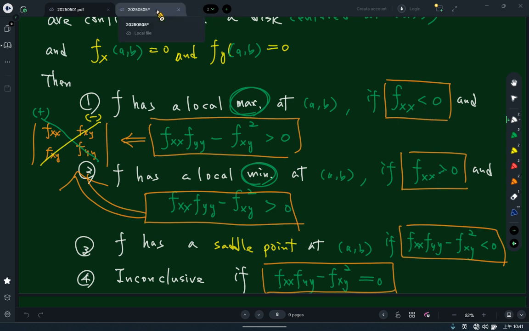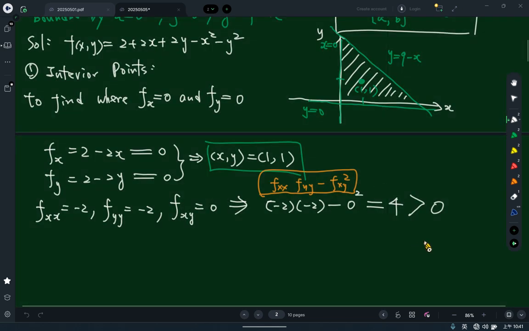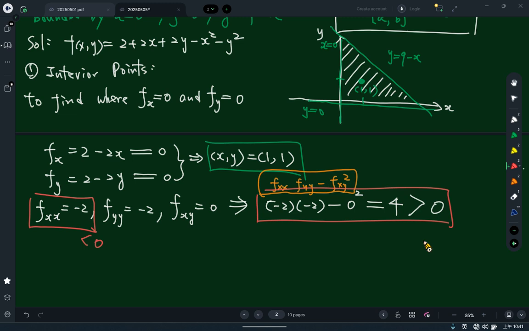So then we can see that this one is negative. Then here is positive. So we can conclude that 1, 1 can provide a local maxima value. The value is 4.